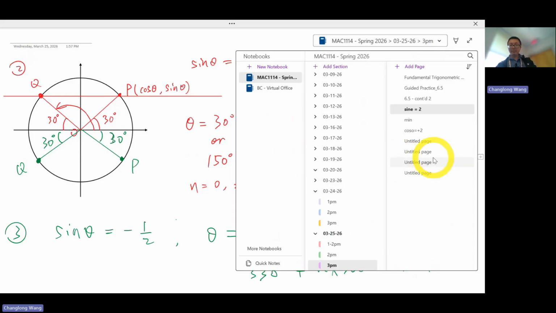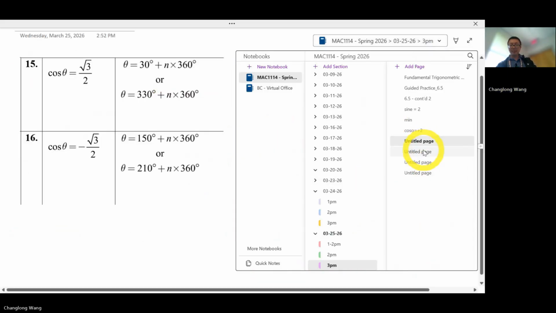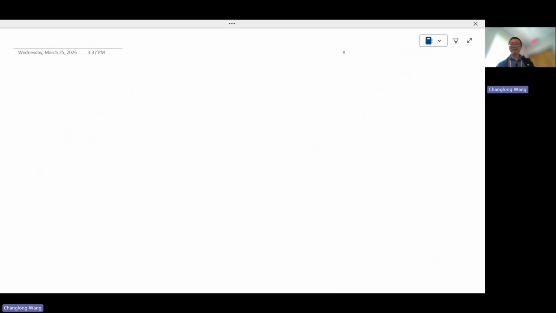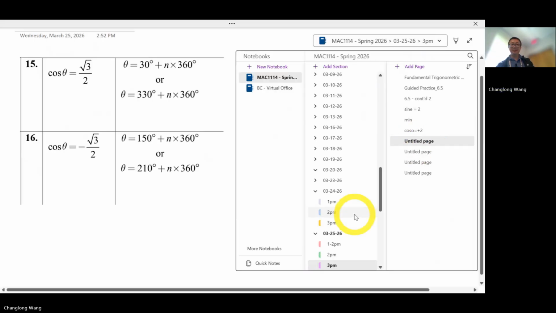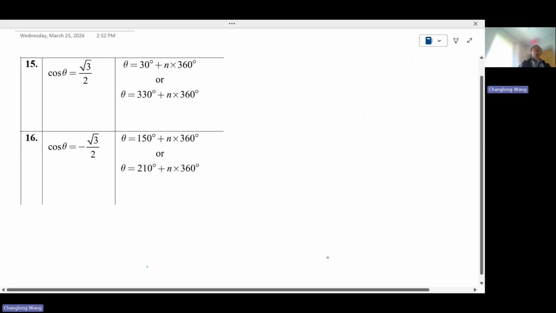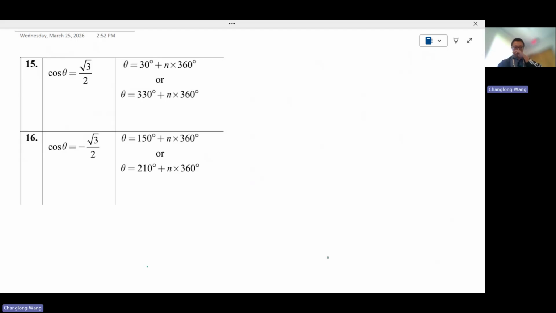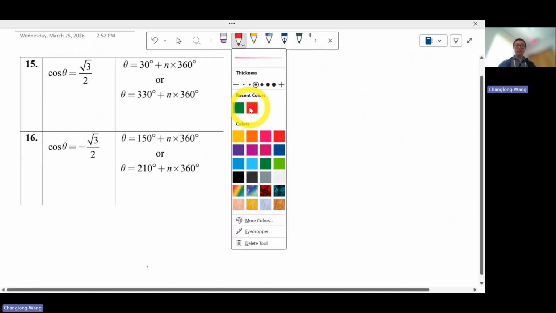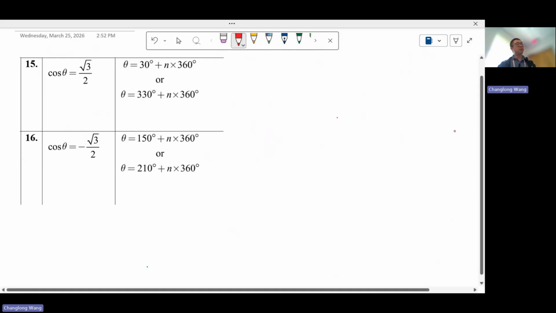Now, are you guys ready for the tangent? I think you're probably going to like tangent even better. Not always, but in this case, it turns out that tangents are easier than you thought.